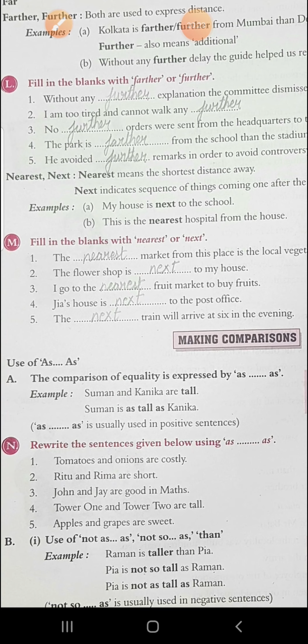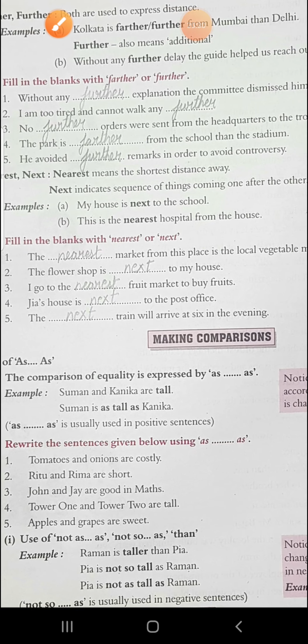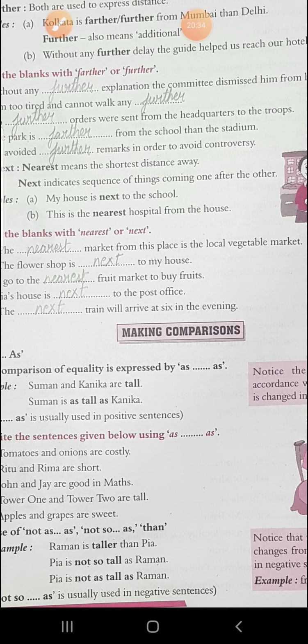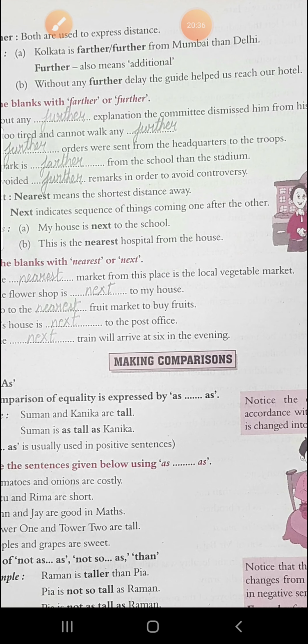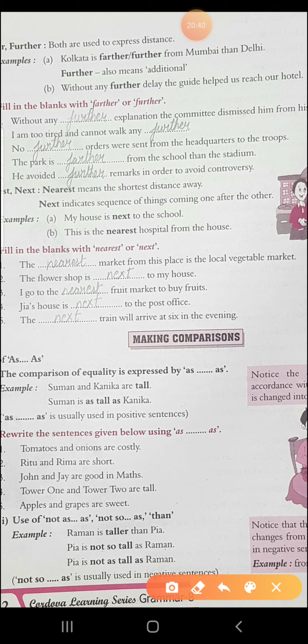All right, now see this exercise M, fill in the blank with nearest or next. First one, the dash market from this place is the local vegetable market. Here we are mentioning the distance, so we say the nearest market from this place is the local vegetable market.